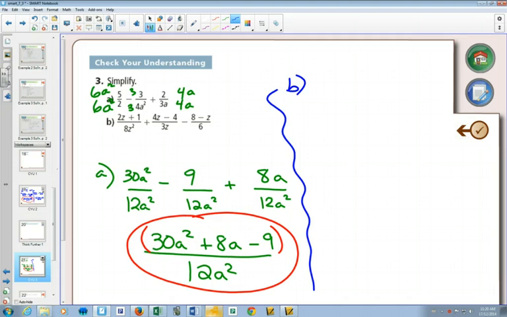What is the common denominator? 24. Can you see, the first one you're going to need to multiply by 3 and 3, the second one by 8 and 8, and the third one by 4 and 4.